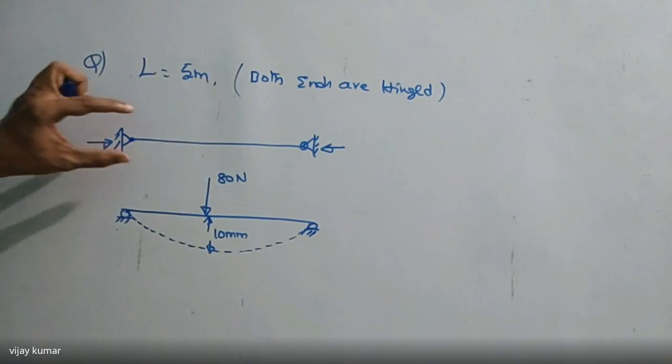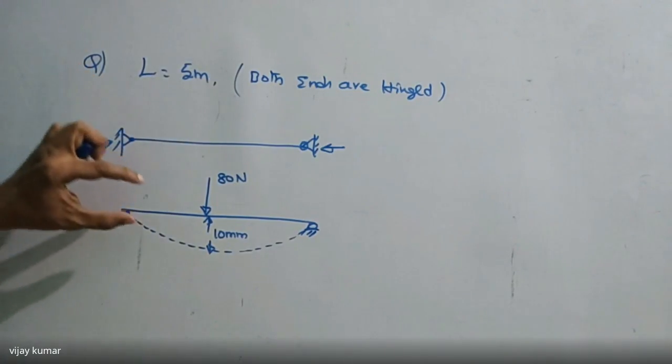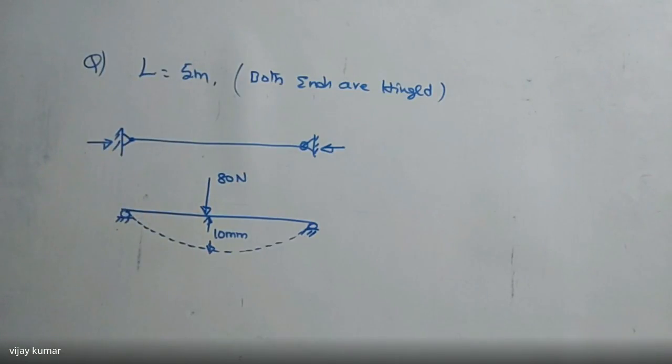So this is the same column, both ends hinged, freely supported on the supports, and a load of 18 newtons acts at the center, having the same length of 5 meters, which deflects a distance of 10 mm.